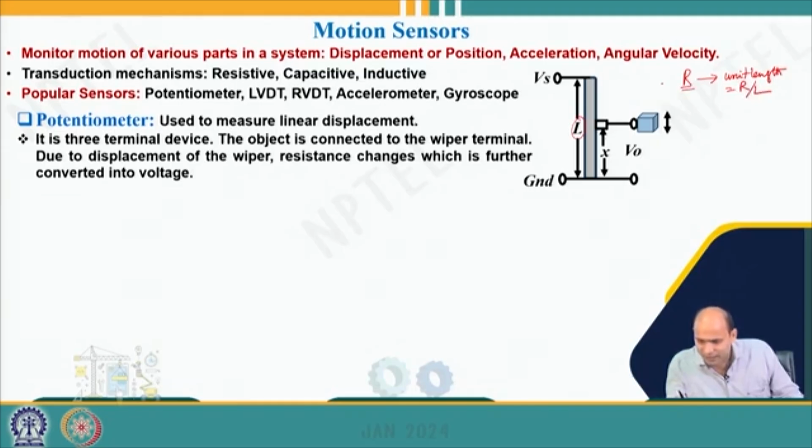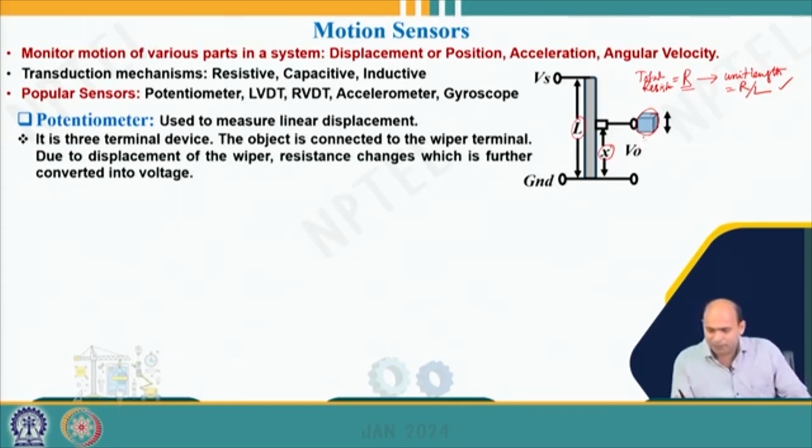Because R is the total resistance. So, if my total resistance is R, then per unit length the resistance will be R by L, right? And since this object is connected to the wiper, depending on the object movement the wiper will be sliding across its length. So essentially my x will vary depending on the object movement, is not it?